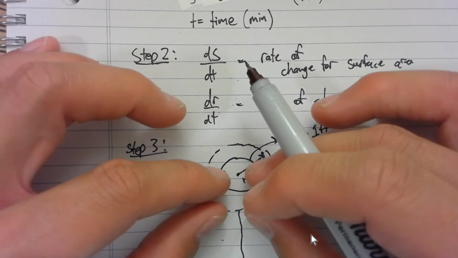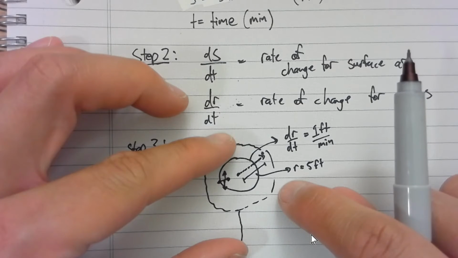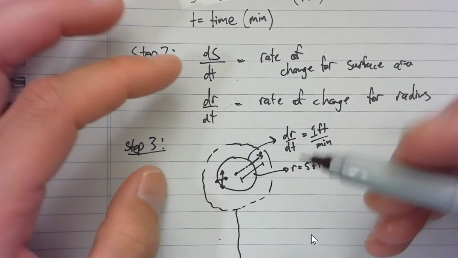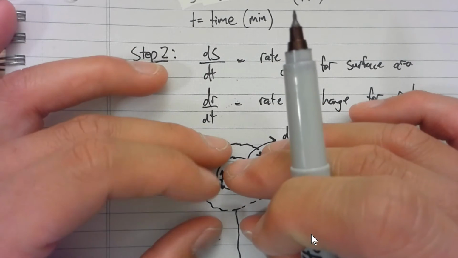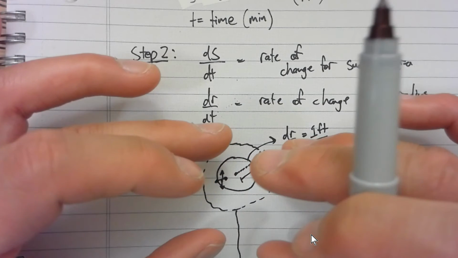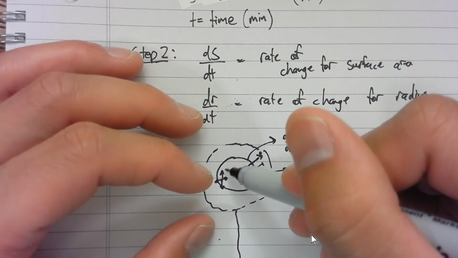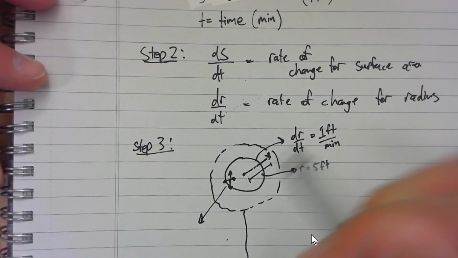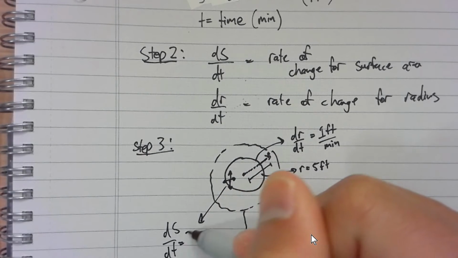How fast is it expanding in two directions at the same time? I don't know how to convey that more clearly, but ds over dt is the question.